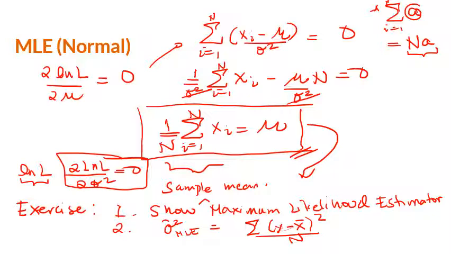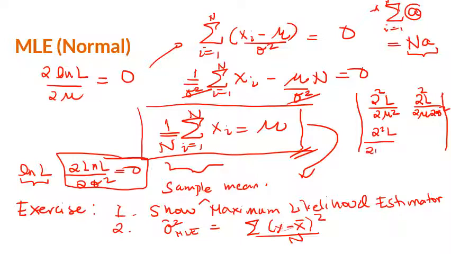So para ma-prove nyo na maximum yung mga yan, you will compute for the Hessian. So yung Hessian natin is given by this matrix. So this is your partial derivative squared of L with respect to mu, partial squared L, partial mu, partial sigma squared, partial squared L, partial sigma squared, partial mu, and second derivative partial squared sigma squared.